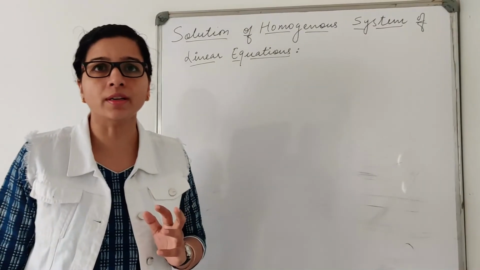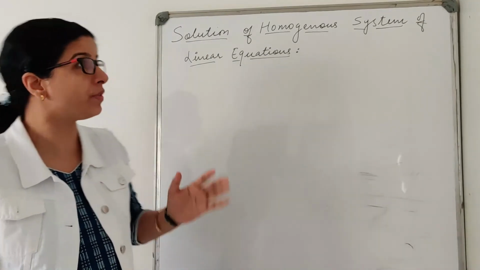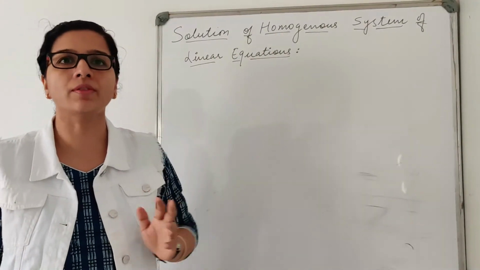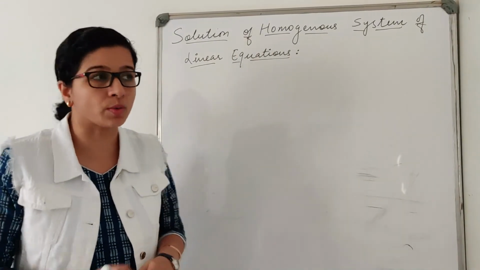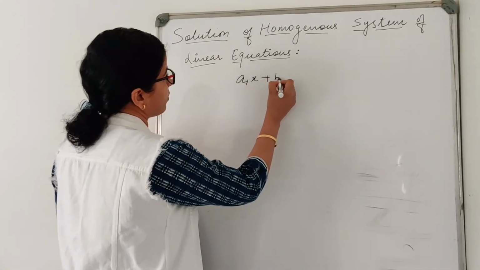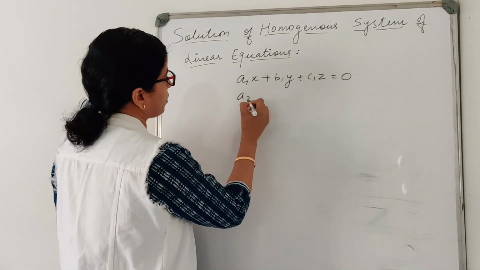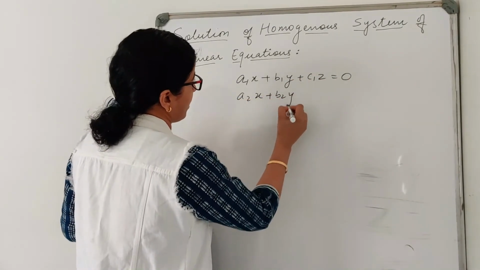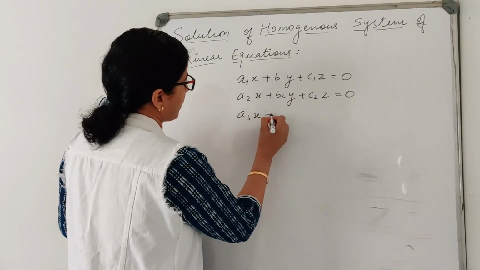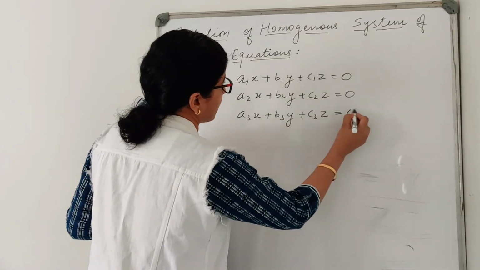Now we have learned the solution of the non-homogeneous equation by matrix method. Now we will learn the solution of a homogeneous system of linear equations. Okay, so basically we'll go through what a homogeneous equation is. Say for example, I have the equations a1x plus b1y plus c1z equals 0, a2x plus b2y plus c2z equals 0, a3x plus b3y plus c3z equals 0.